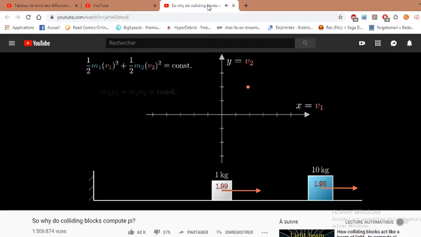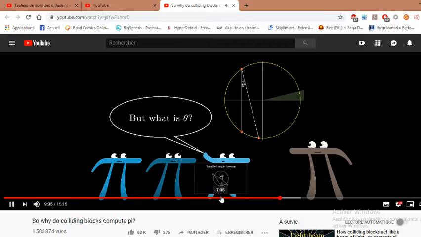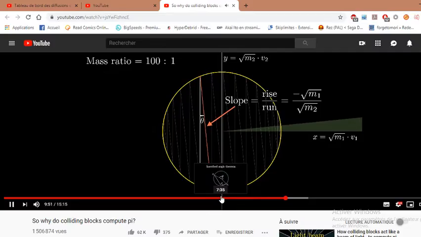So now you know what we need to do. Let's go ahead and actually compute the value theta, say when the mass ratio is 100 to 1. Remember, this rise over run slope of that constant momentum line was the -square root of m1 over m2, which in this example is -10. That would mean that the tangent of this angle theta, opposite over adjacent, is the run over the negative rise, so to speak, which is 1 divided by 10 in this example.